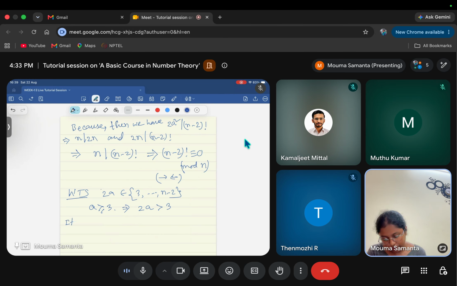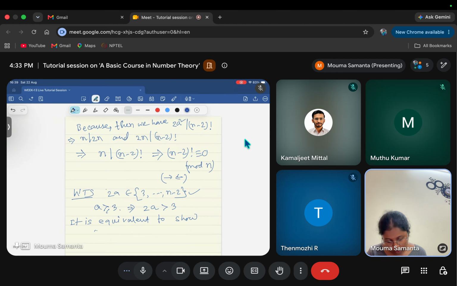It is equivalent to show this one. So we have got the lower bound, only we have to show the upper bound. That means we have to show 2a is less than or equal to n minus 2. If 2a belongs to this set, this is equivalent to show 2a is less than or equal to n minus 2.